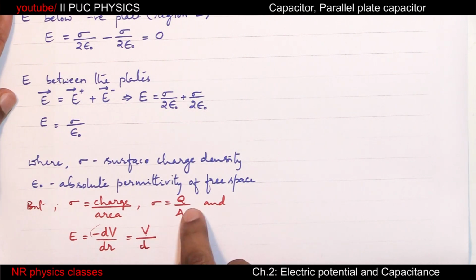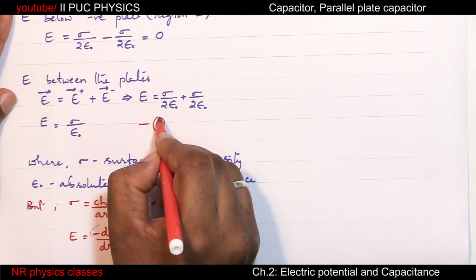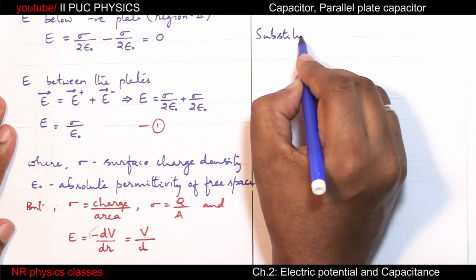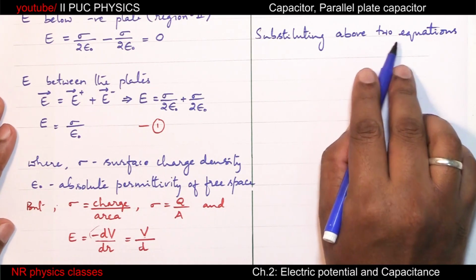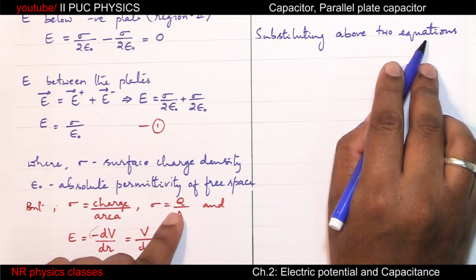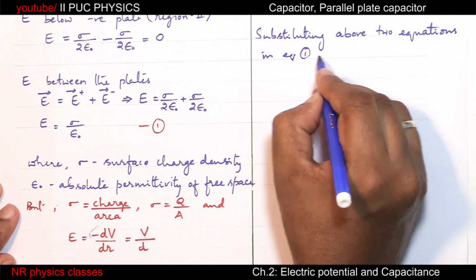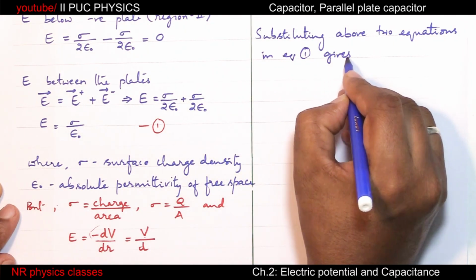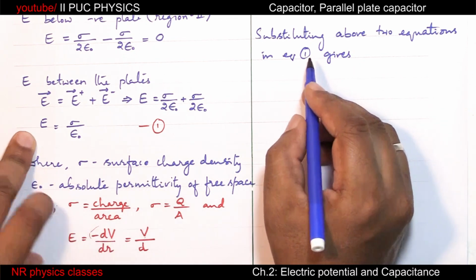Let us substitute these two in equation 1. Equation 1 is E equal to V by d.